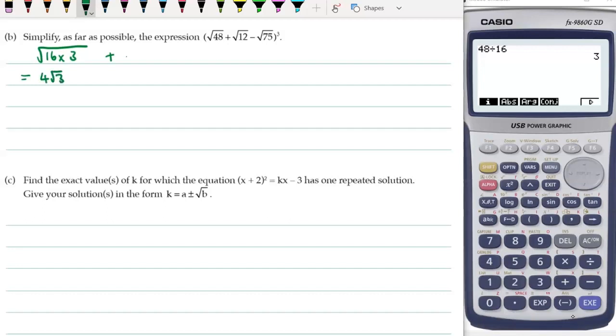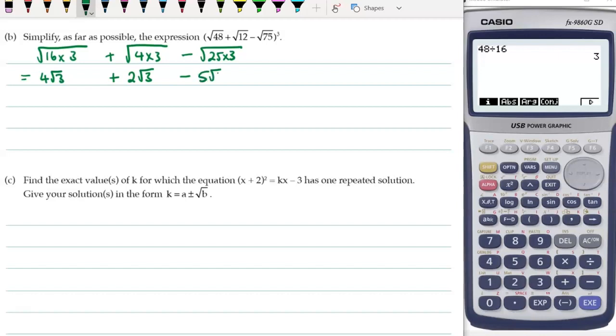Okay, now the 12 we could take out. The first one has given us a clue, because we're looking for things that are root 3's now. That'll help us out. So 12 we can turn into being 4 times 3. So taking out the square root of 4 would give us a 2 root 3. And then 75, if we divide that by 3, we've got 25. So if we square root the 25, we've got 5.